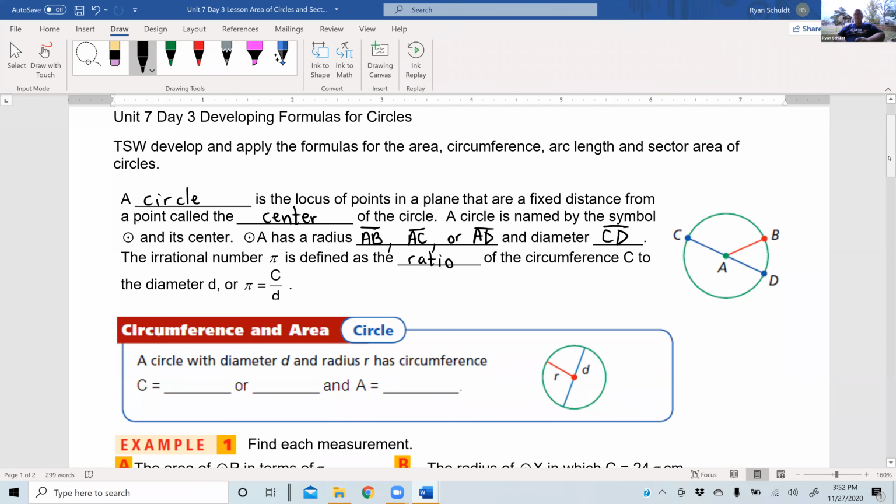Irrational is what you probably think your parents are sometimes. They don't make sense. They just go on and on forever and ever. Now, when you get older, you'll find they have sense. But as a teenager, you're going to think your parents are irrational. They just go on forever and make no sense. But anyways.